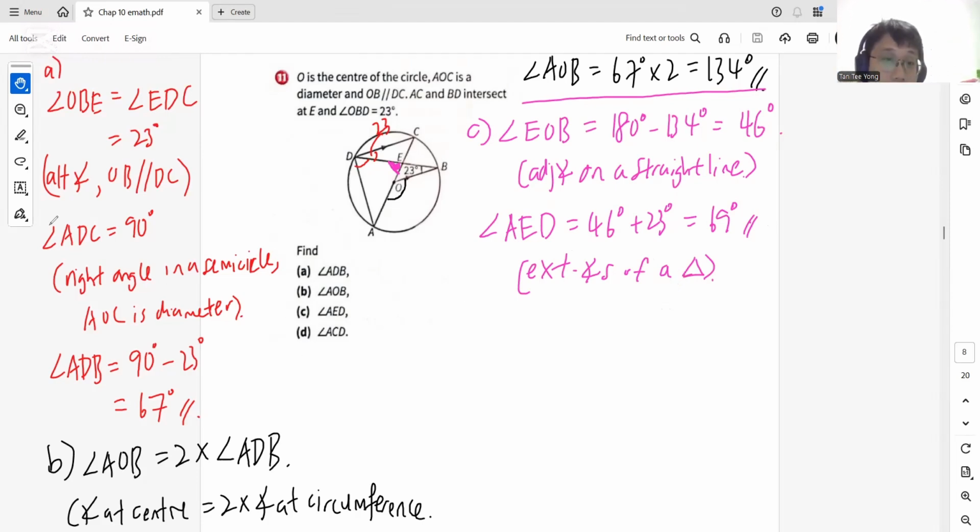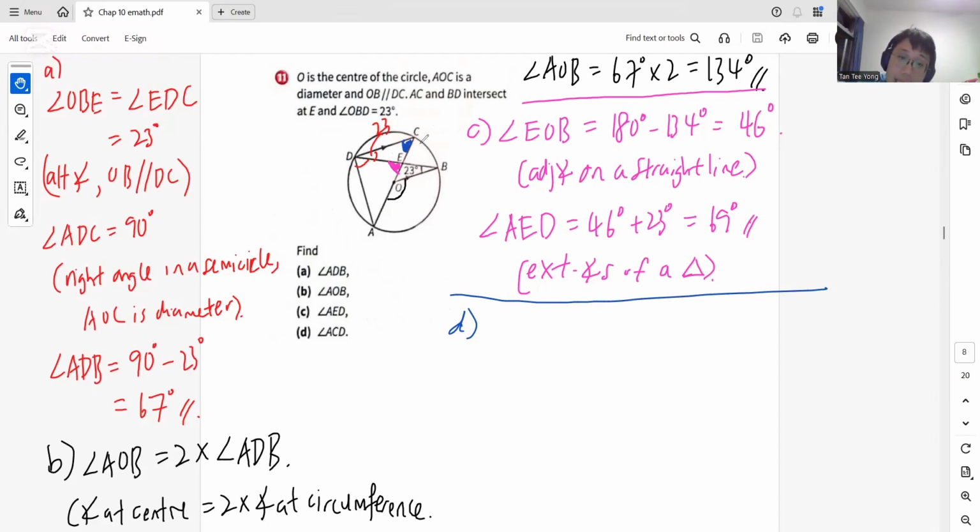Okay, last part, part D, sorry. Let's use blue. So angle ACD. ACD is over here, this angle over here. So how do we find out the angle? We just have to find out angle DEC. So angle DEC equals 180 degrees minus 69 degrees equals 111 degrees.